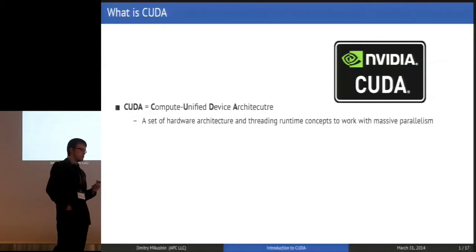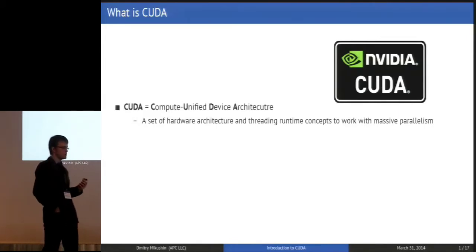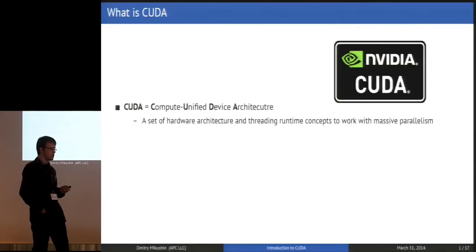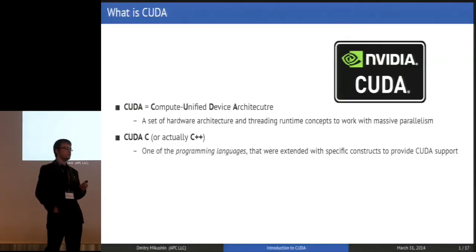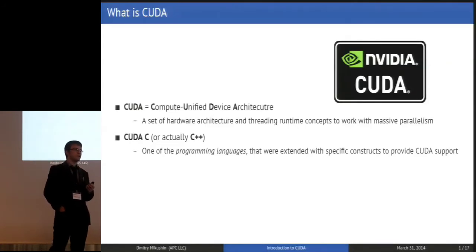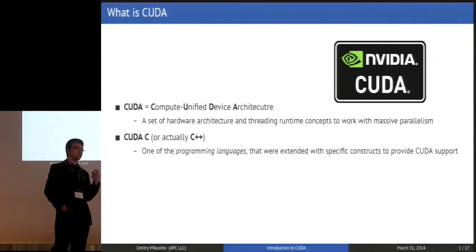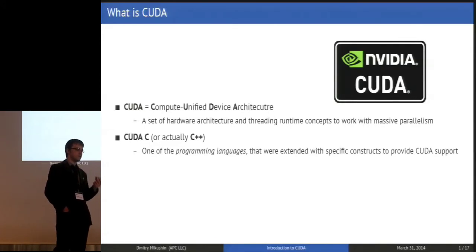Essentially, CUDA, as a concept of Compute Unified Device Architecture, is a set of hardware and threading runtime concepts to work with massive parallelism, where CUDA C, or actually it's not C but C++, is an extension to the C++ language that is extended with specific constructs to provide CUDA support.